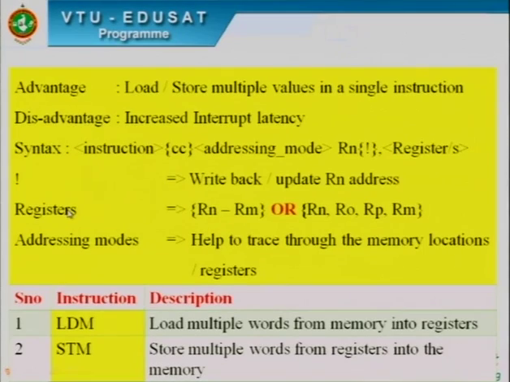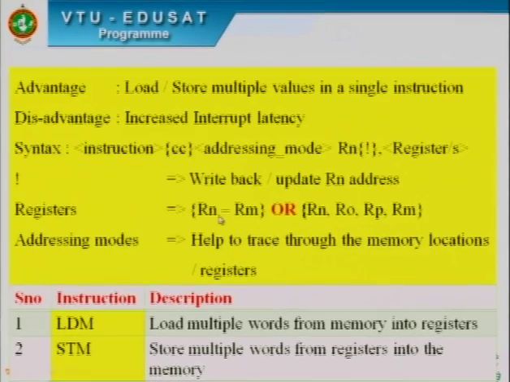The series of registers can be mentioned as Rn-Rm in the flower bracket, not in the square bracket this time. Or we can also mention in the flower bracket Rn, Ro, Rp, Rm. So we can specify the series of registers with comma-separated registers, or we can specify them with a hyphen.